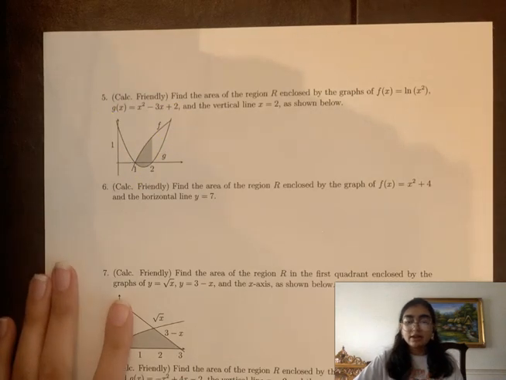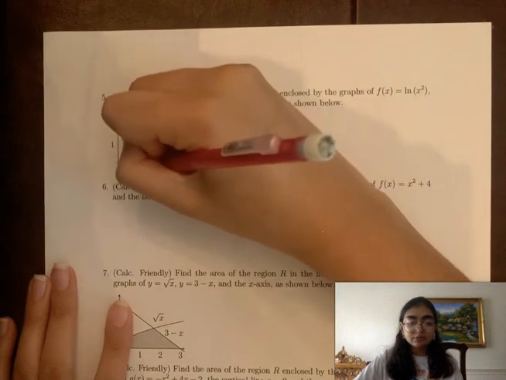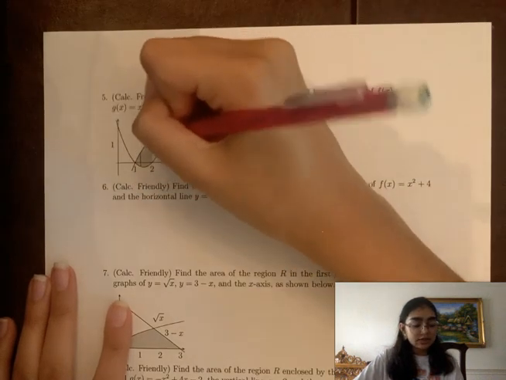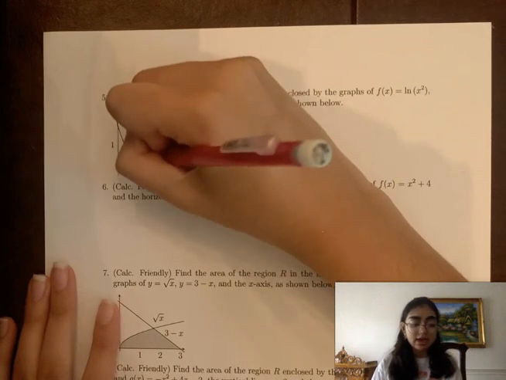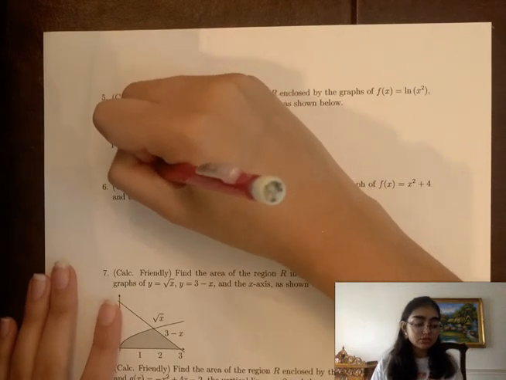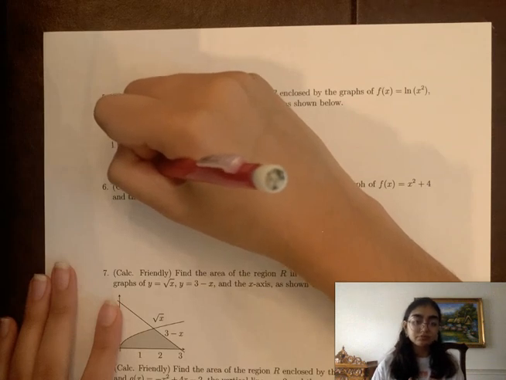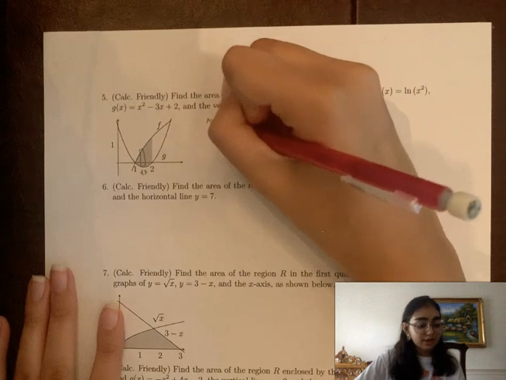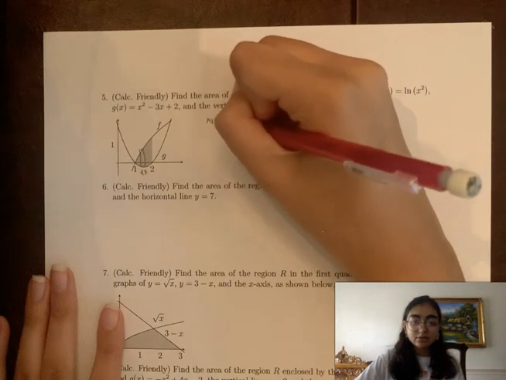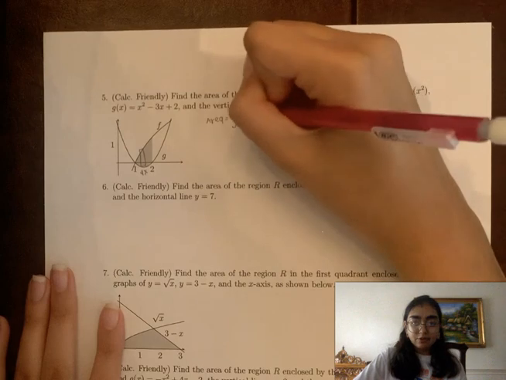And if we go ahead and draw our rectangle, we notice that the top equation in this case is going to be f, and the bottom is going to be g. Once we have that, we can go ahead and write our integral.